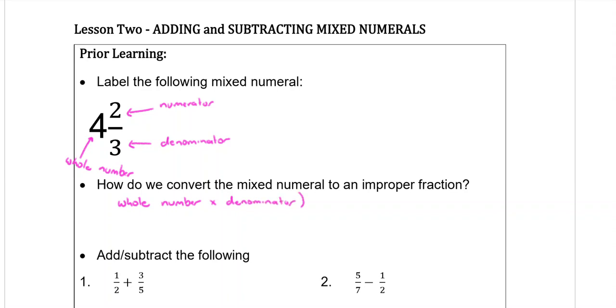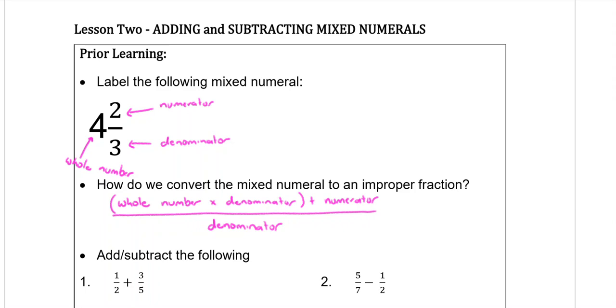You multiply those first, I'll put them in brackets, and then you add on the numerator. That's just to work out the number that goes on the top of the fraction. The number on the bottom, the denominator, whatever it was in the beginning, is going to be the same after we turn it into an improper fraction. So the denominator stays the denominator.